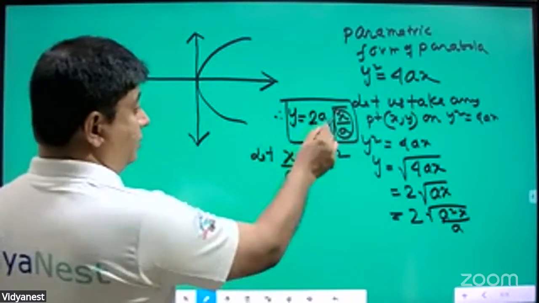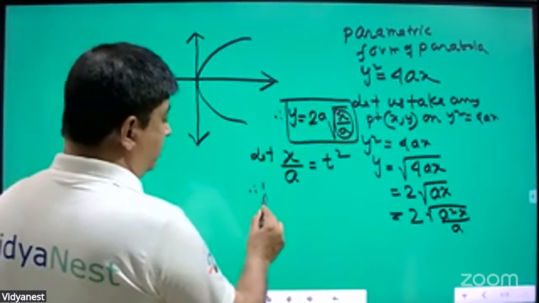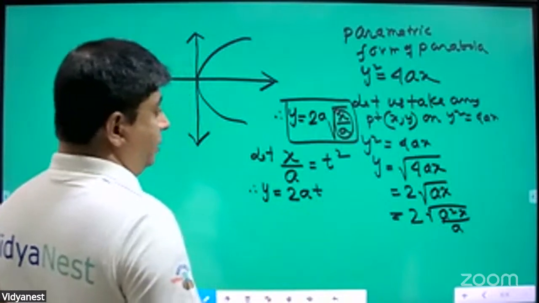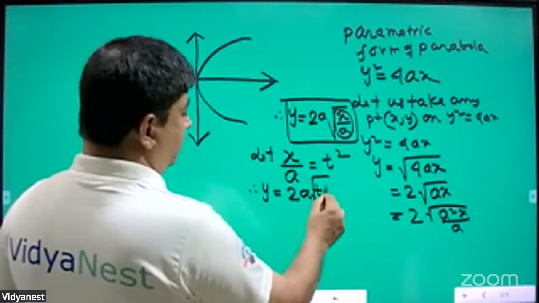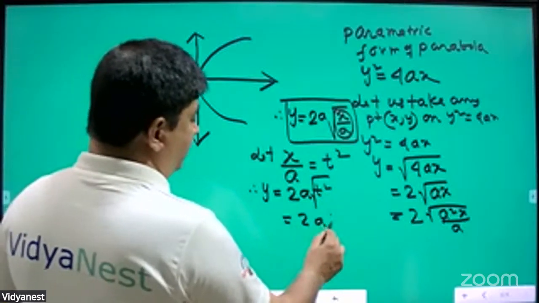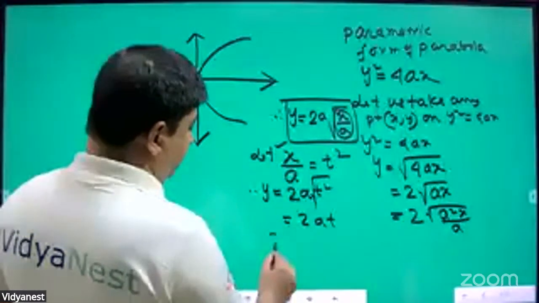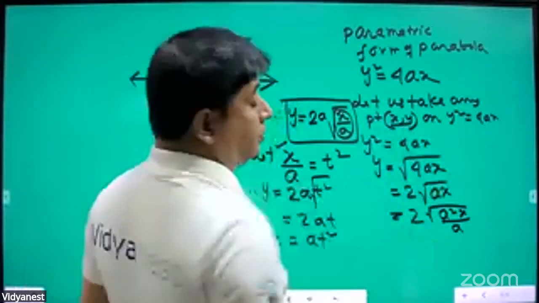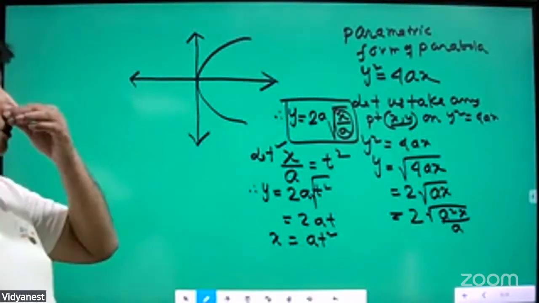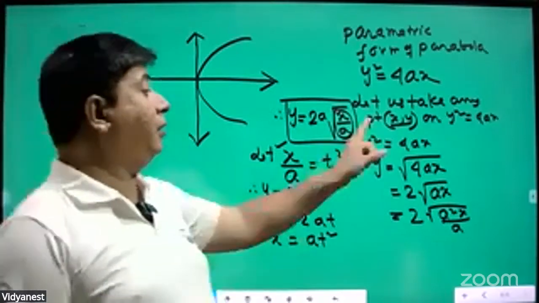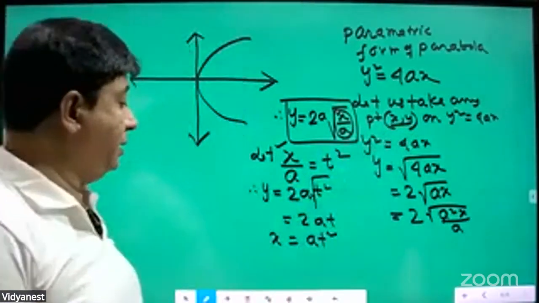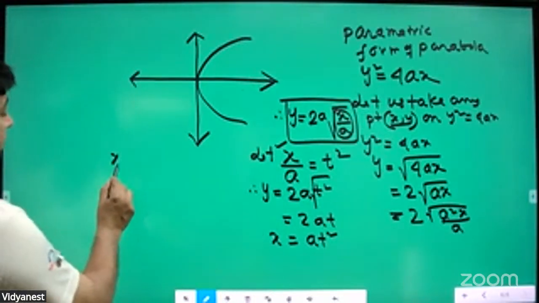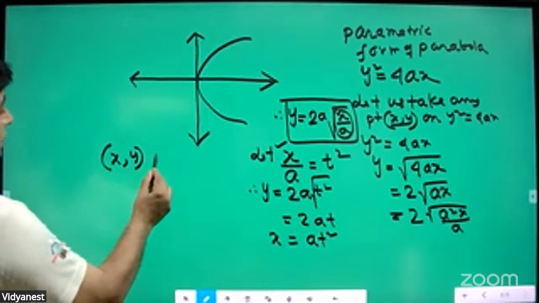Once you take this, y has become 2at, because under root t square it will become 2at, and from that relation, x is at square. So the point I took lying on the parabola, with the ordered pair of coordinate geometry, is now converted into (at square, 2at).